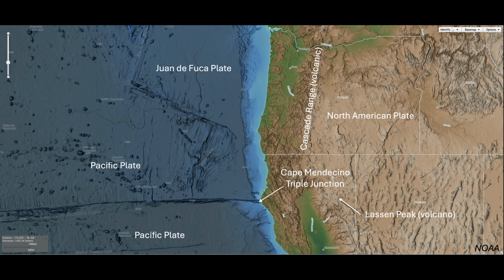That's Lassen Peak over here in Northern California. And then you get the Cascade Range running all the way from Northern California. Mount Shasta is below some of the labeling I have there for Cape Mendocino. But Mount Shasta all the way up to the southern part of British Columbia, where Mount Garibaldi is. And so that's the Cascade Range.